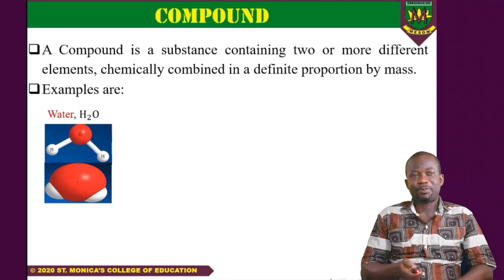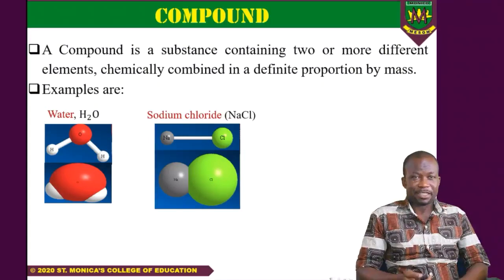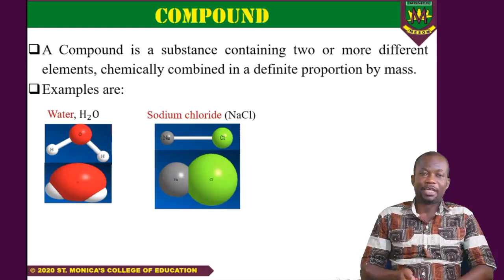It is made up of two hydrogen atoms and then one atom of oxygen. So we have a single bond of the hydrogen to the oxygen, and then another single bond from the hydrogen to the oxygen. Now, sodium chloride is also another example, and this is formed between the element sodium and then chlorine, and that's also the structure of sodium chloride.